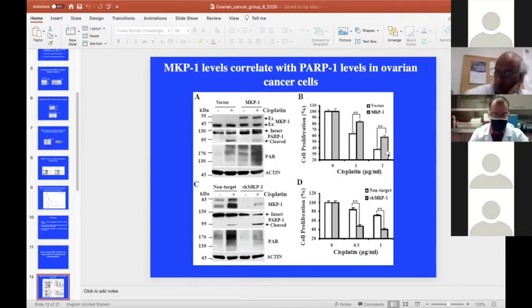And here we just show you that the high level of MKP1 makes the cells more resistant to cisplatin compared to vector control. Conversely, we also show that when we knock down MKP1, we have a lower PARP level, and the cells are also more sensitive to cisplatin. Now we have established that a high level of MKP1 gives more cisplatin resistance.